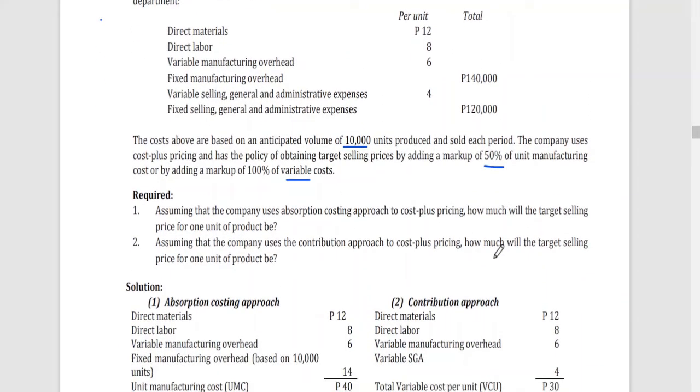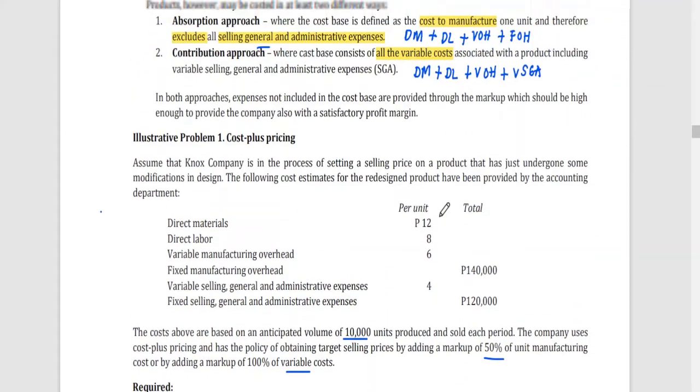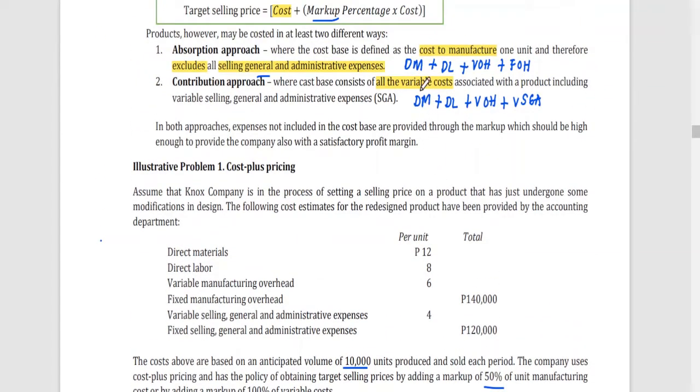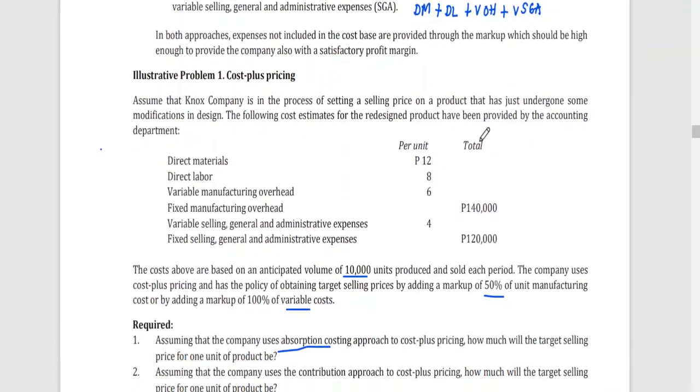Assume that the company uses the absorption costing approach to cost-plus pricing. What would be the target selling price? Remember, diba, for the absorption approach, all manufacturing cost, whether variable or fixed, as long as these are your cost to manufacture. Remember, your cost to manufacture involves three: your direct materials, labor, and overhead.